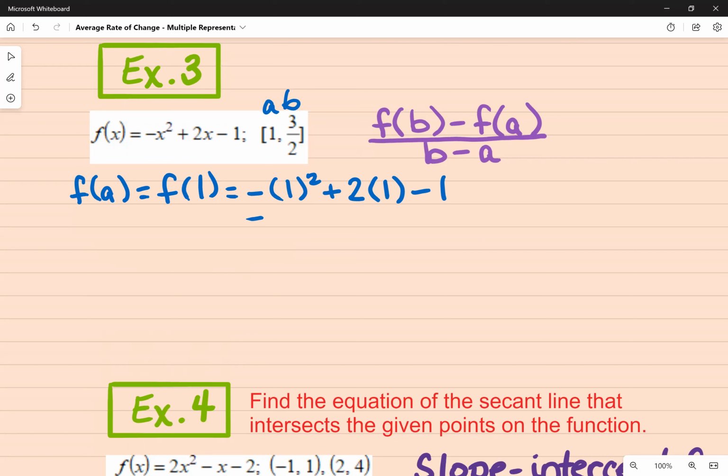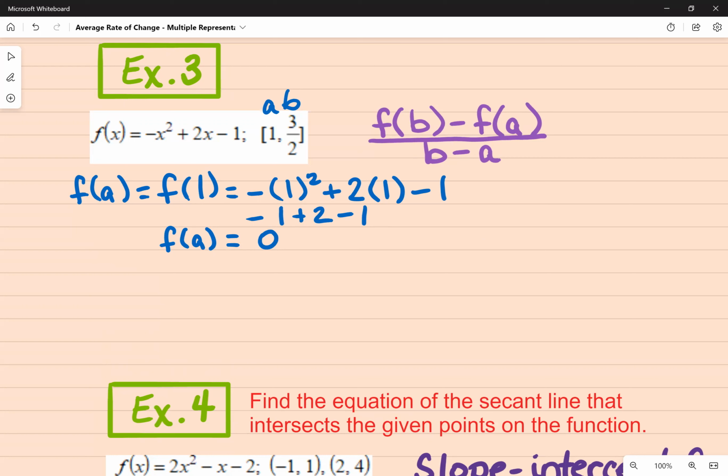So negative 1 squared is simply 1. 2 times 1 is 2, and then negative 1. Further simplifying that, f of a will be negative 1 plus 2, which is positive 1, and then 1 minus 1, which is 0.